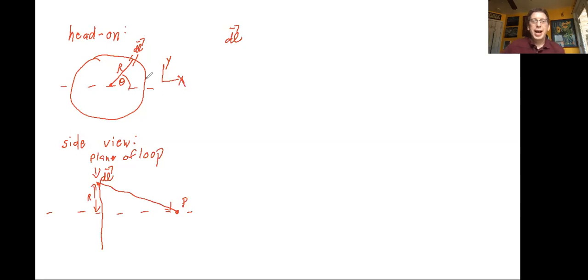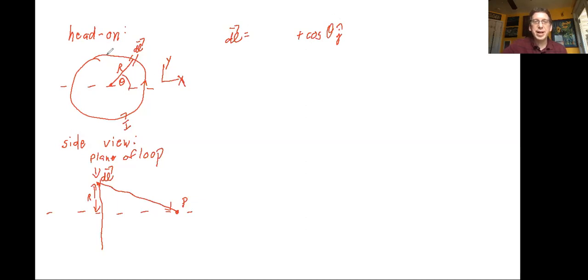So at theta equals 0, dL is pointing directly upwards. So there's no X component, but the Y component is the maximum value it's going to be. So at theta equals 0, the cosine of theta equals 1. So we would expect the Y component to be related to the cosine of theta. Remember, the cosine of theta is equal to 1, and it's positive. So we'll say plus cosine theta j.